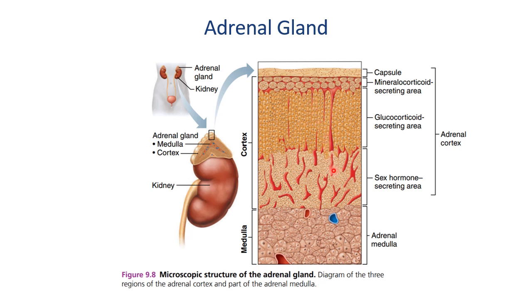And the last region of the adrenal cortex would be the zona reticularis. It is called reticularis because it is net-like in appearance. It looks like a net structure. And the hormones produced here are in particular the adrenal androgens or the immature androgens.